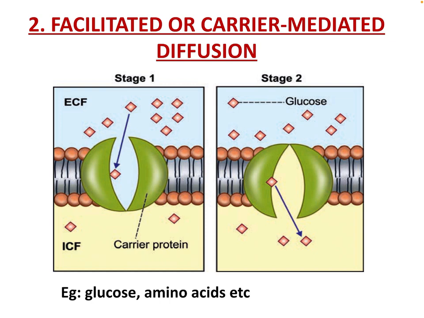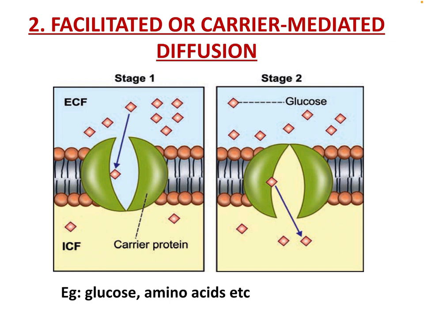Second type of diffusion is facilitated or carrier mediated diffusion. In this type of diffusion, some carrier proteins help the transport of substances. The water-soluble substances with large molecules cannot pass through the protein channels by simple diffusion.